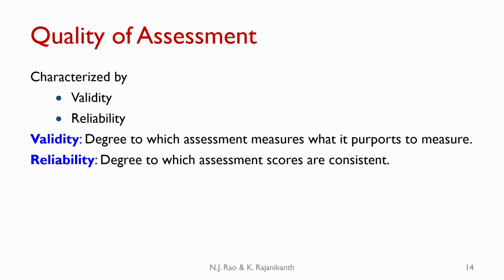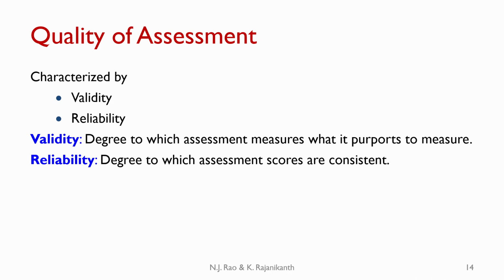What do we mean by that? In our context, consider 60% of last year in a subject or in a GPA, grade point average, of let us say out of 10, I got 6.5 and some other student got 6.5 in the present year.